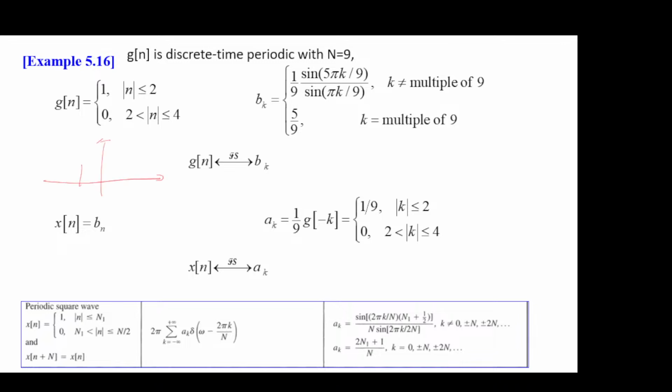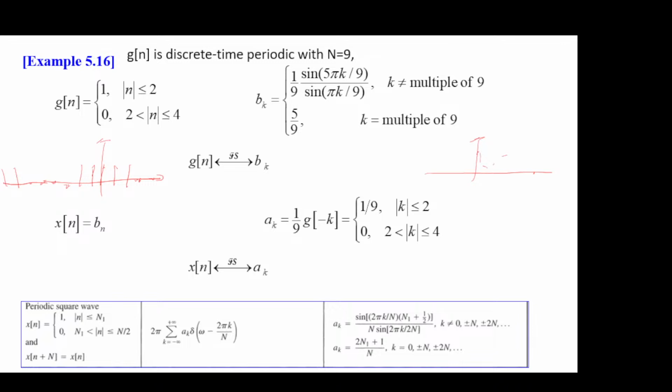So square wave, between -2 and 2 it's 1, and 0 elsewhere, and then you repeat itself, so it's a square wave, etc. And then in the frequency domain, it will kind of look like a sinc, but not quite, because the sine over sine needs to be periodic with period 9, and it's actually very hard to draw.